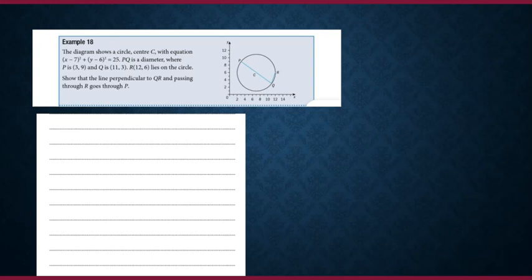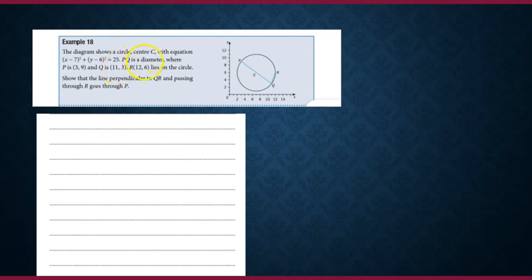Look at question number 18. The diagram shows a circle centered at C with equation (x minus 7) squared plus (y minus 6) squared equals 25.